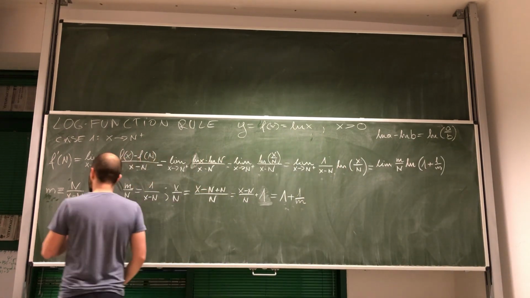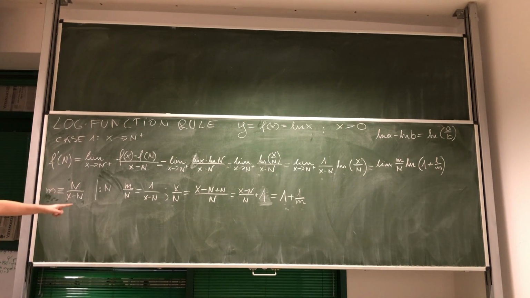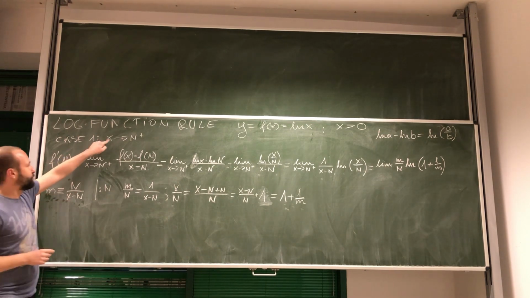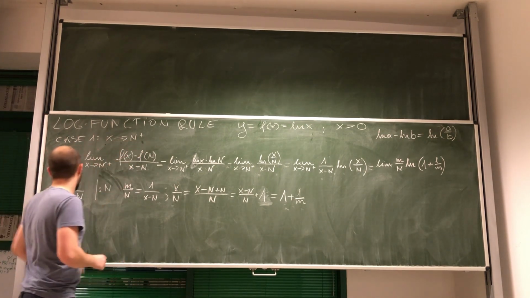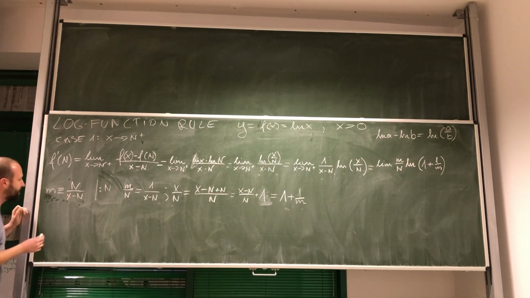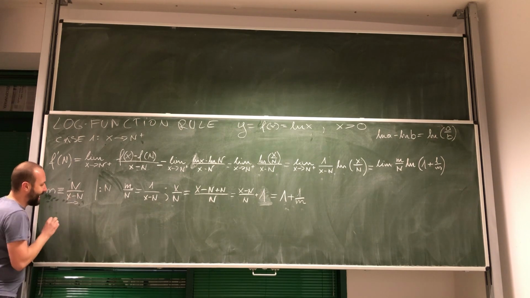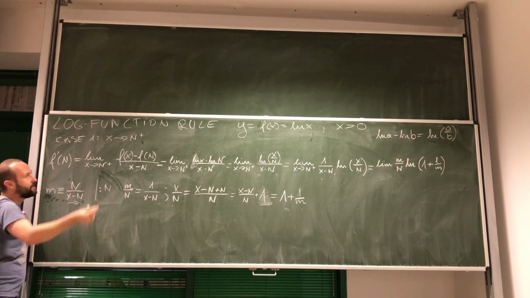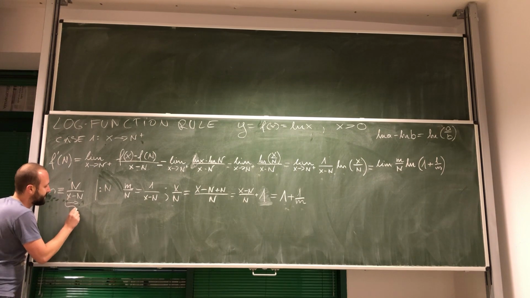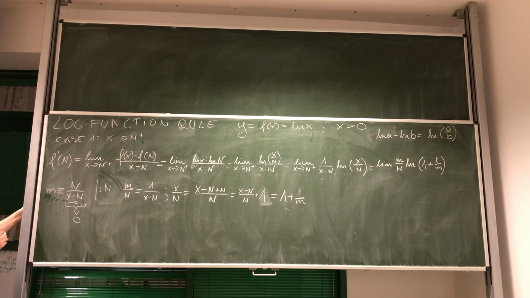Let's now think about this expression first. What do we have over here? We have x minus n. But we know that x approaches n from the right hand side. What does it mean? It means that x is getting closer and closer to n, but because x is bigger than n, this expression is always bigger than 0.